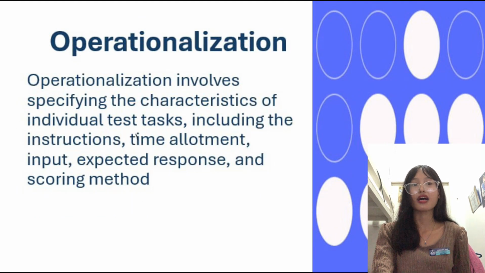Operationalization involves specifying the characteristics of individual test tasks, including the instructions, time allotment, input, expected response, and scoring method. This focuses on the details of those tasks. It means clearly defining every aspect of the test, like the instructions, how much time people get to do it, what a good answer looks like, and how to score their answers.